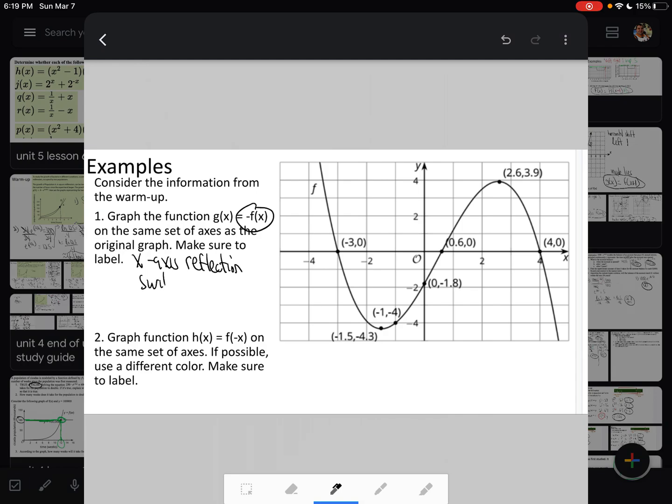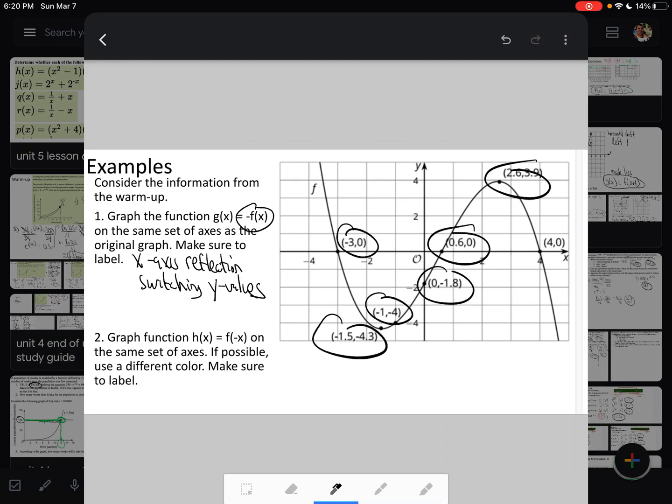So I'm switching the y values. For each of these points, I'm going to switch all of the y values to their opposites, meaning I'm going to keep the x values the same, but change all the y values to their opposites.